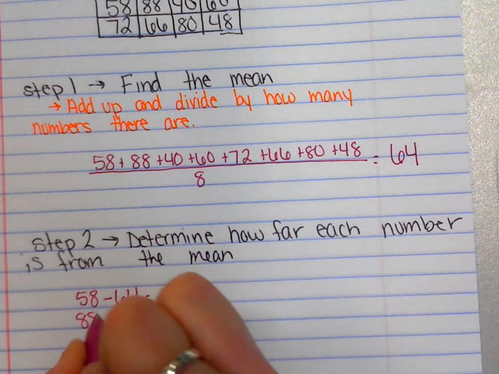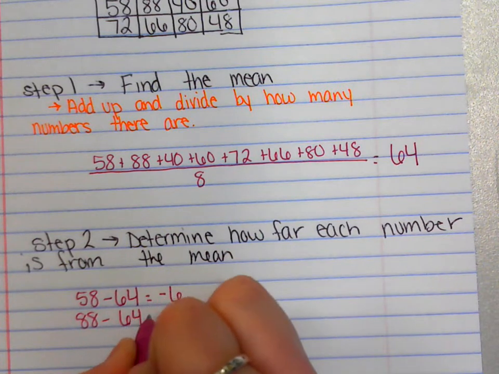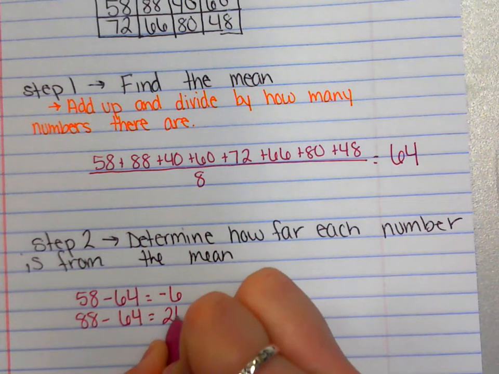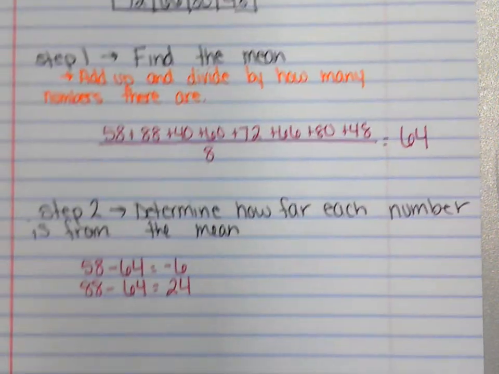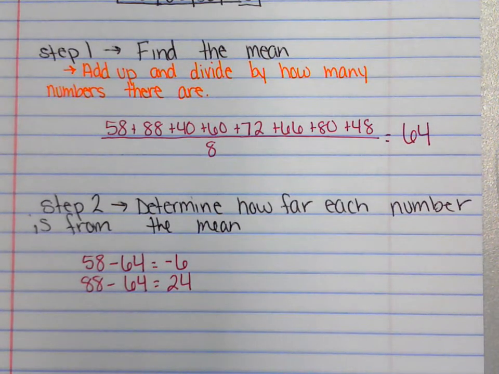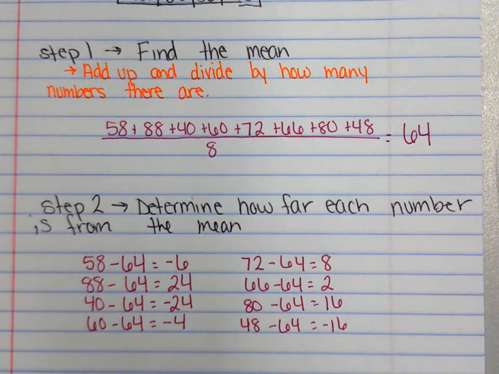You're going to do this with every single piece of data. So real quick, ready, set, go. Bam, they're there. So these are each how far the original number is from our mean or our average.